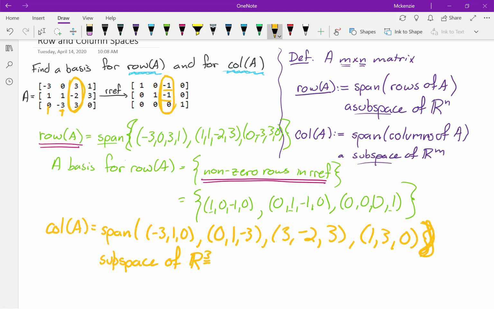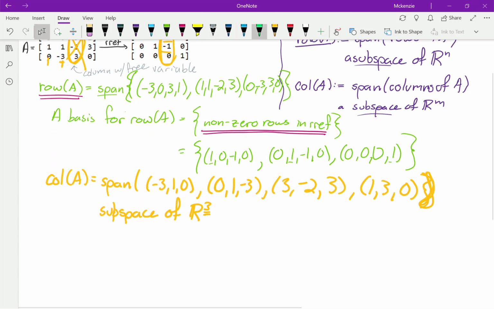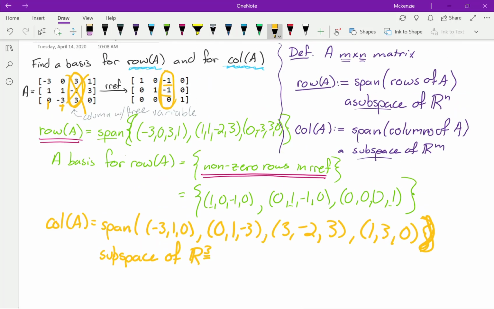So there's redundancy with the third column, so we're going to cross it out. Alternately, this is the column with the free variable, and that's why we're crossing it out. Everything left over that has a leading one instead of a free variable, we're going to keep.